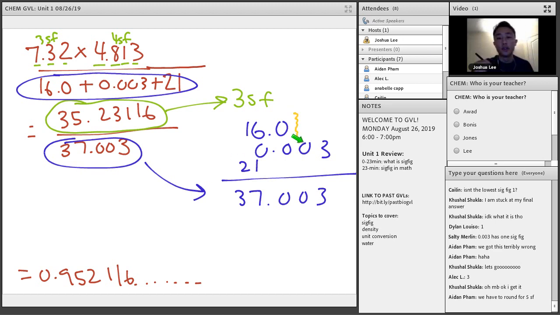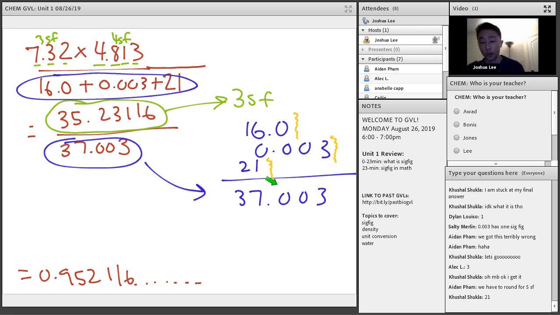The 0.003 ends in the third place past the decimal. Then you have the 21, which ends in the ones place. So in this case, which number do the sig figs end first? The 21.